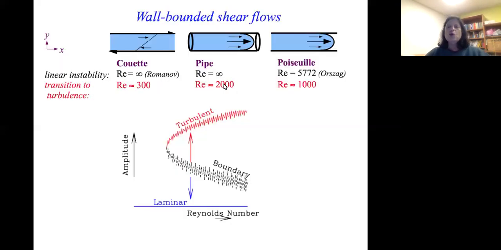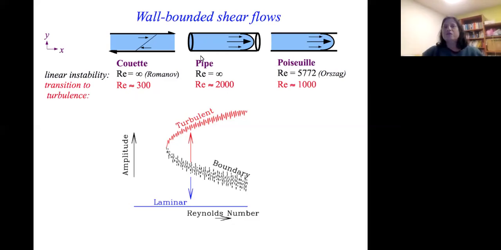Okay, here are the prototype wall-bounded shear flows, plane Couette flow. Now you see a different view. Here you do see the distance between the plates, and the plates are doing this. So this is 90 degrees from the view that you just saw.